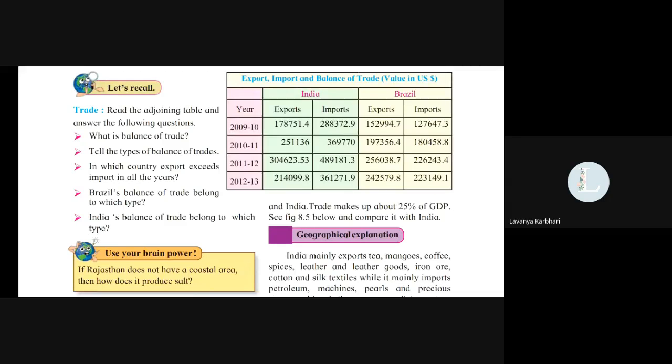Okay, so this was the import of India. And if we take the example of Brazil for 2009 and 10, then we can easily see that 1,52,994.7 US dollars. Okay, so it is export for Brazil.